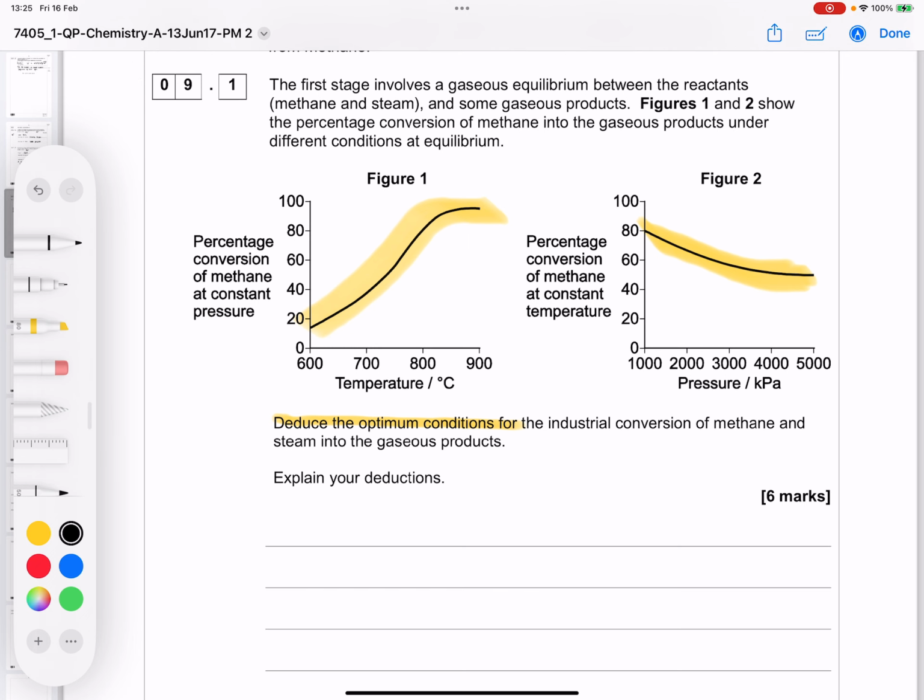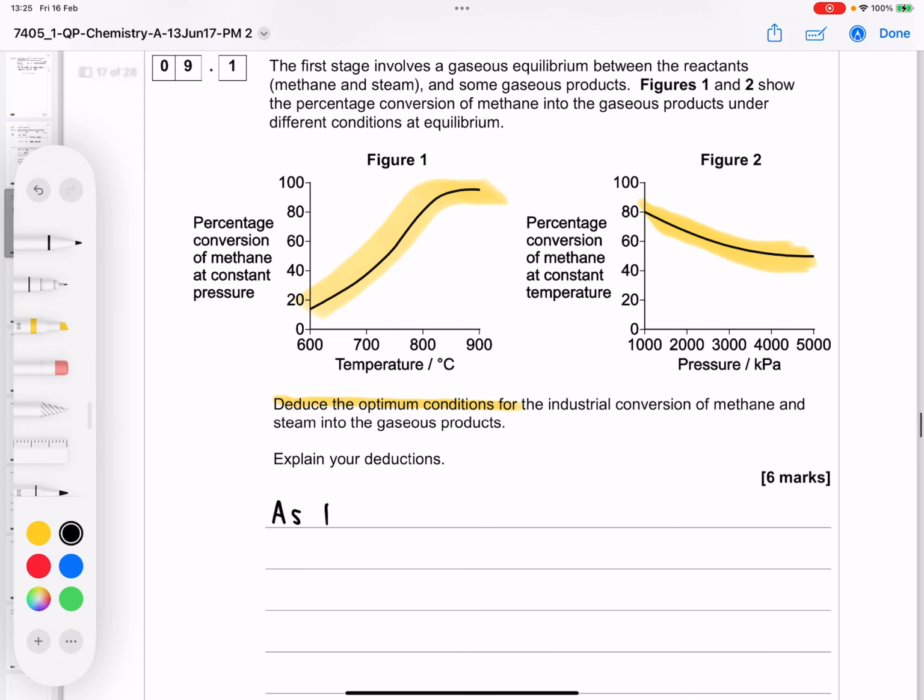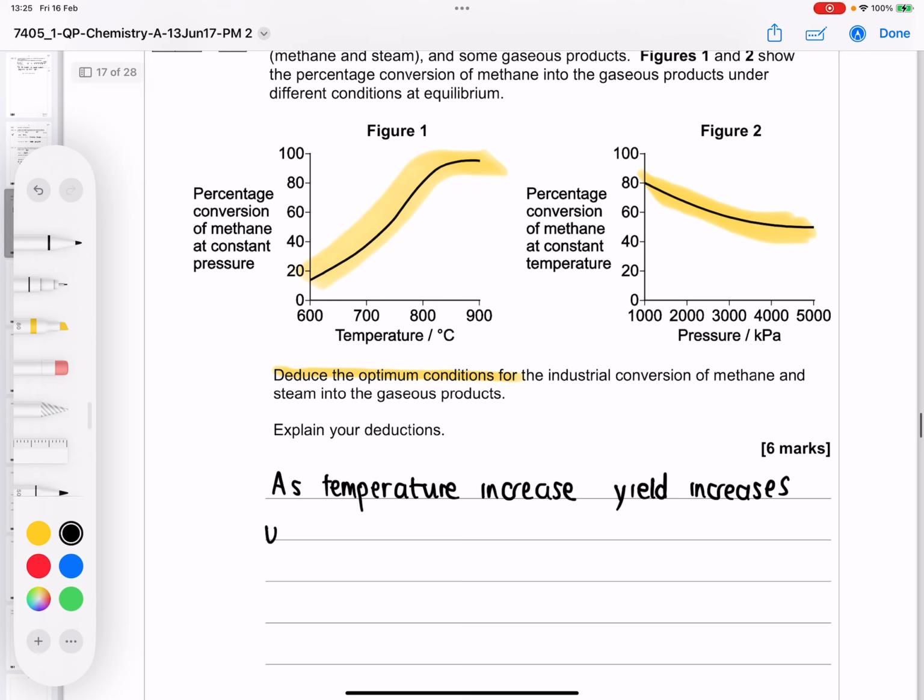So the first thing is we can say as temperature increases, yield, so that's the percentage conversion, increases until, it's probably around about 800, until around 820, when yield no longer goes up.